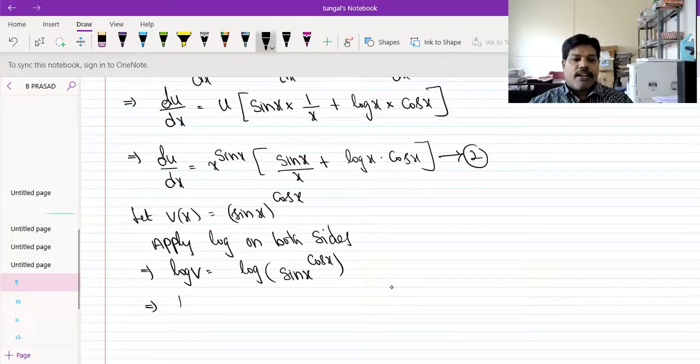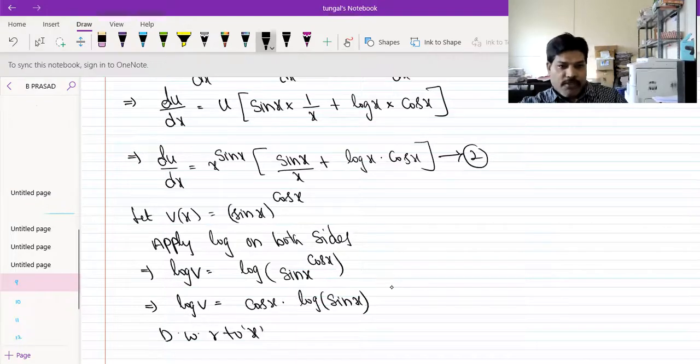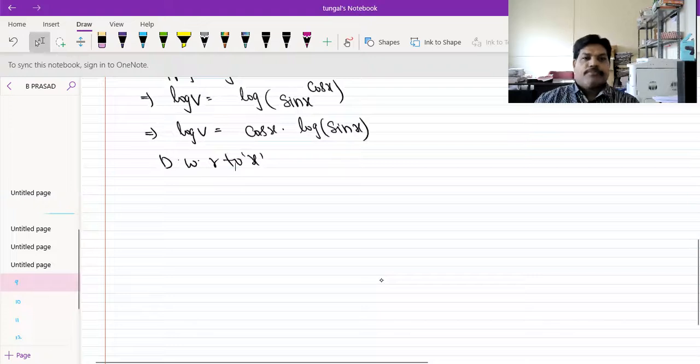So it can be written as log v is equal to cos x into log of sin x. Then I will differentiate with respect to x. What happens, students? Differentiate with respect to x. We will get that.